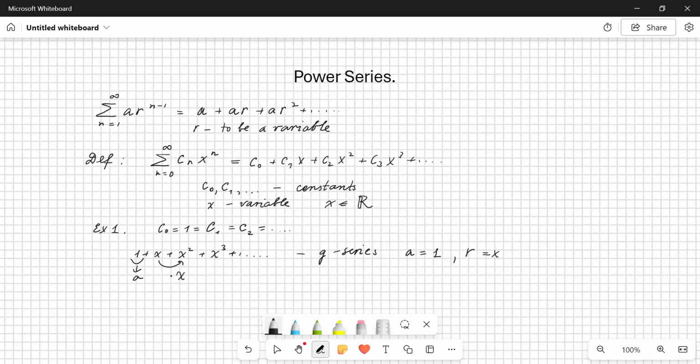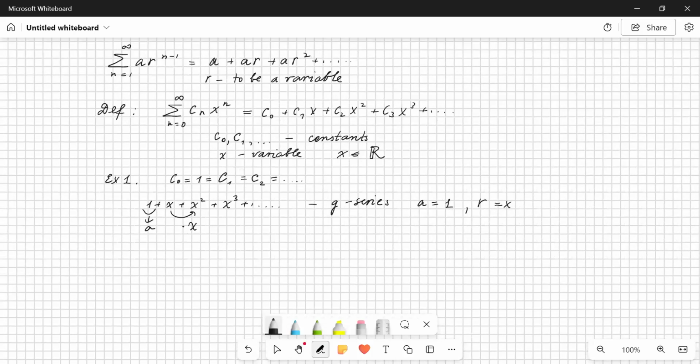I'm going to apply the standard formula for geometric series. The sum of the series is going to be a over 1 minus r. If you still remember this formula we learned in section 2 of this chapter, it's 1 over 1 minus x. Well, what does it mean? It means that the infinite sum of terms we have is equal to a very simple function, 1 over 1 minus x.